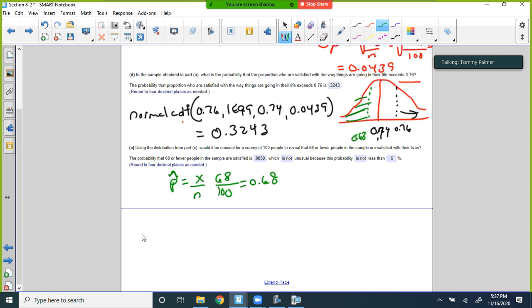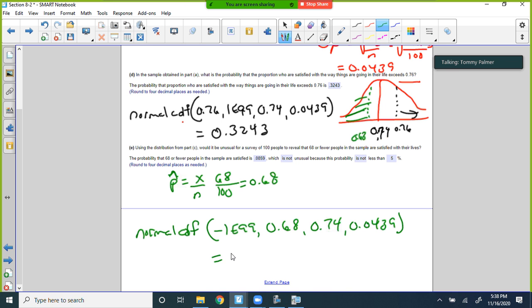So in that case, for a normal CDF, what would be our left limit? -1E99 up to how much? 0.68. You've already got the mean in there, right? And the standard deviation. So there you go. That should give you 0.0859, right?